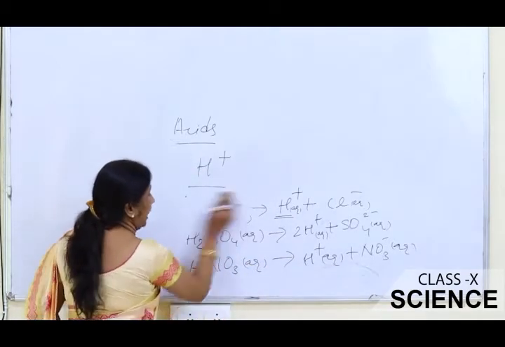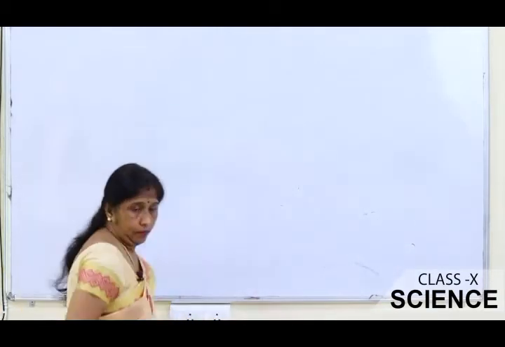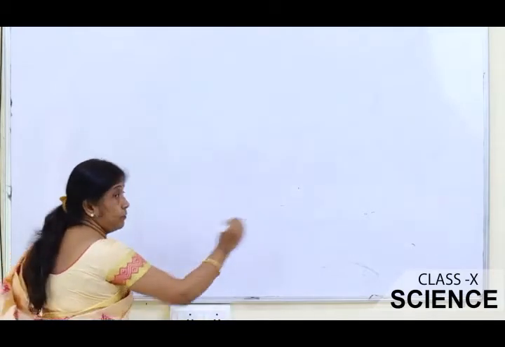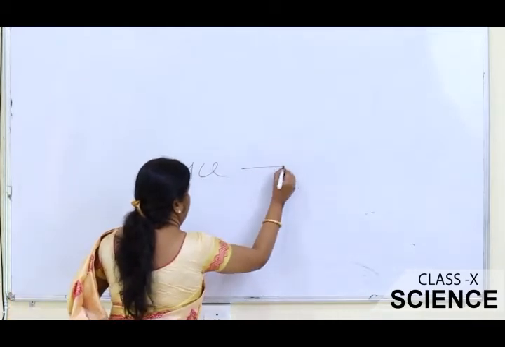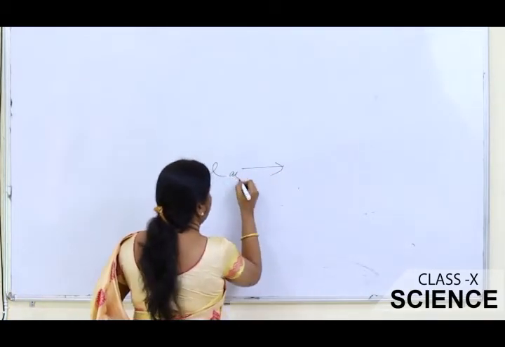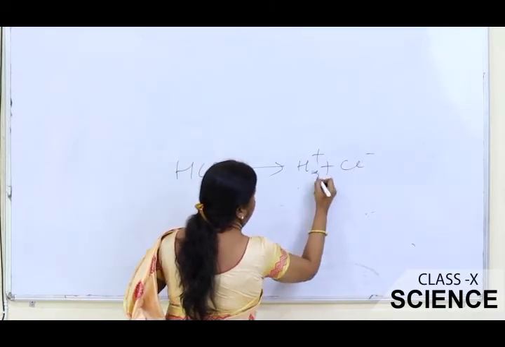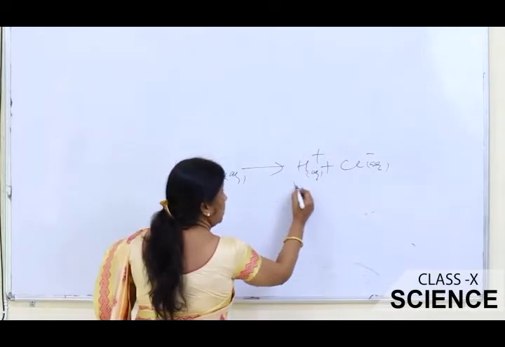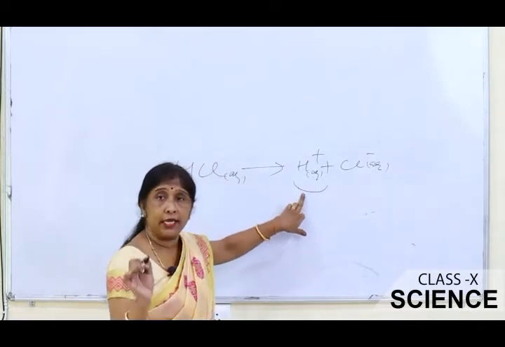Let us see what the activity is. One more thing I would like to tell you here: when the HCl gets dissociated and produces H plus ion and Cl minus ion in the aqueous state, mixed with the water, this H plus ion does not exist alone.